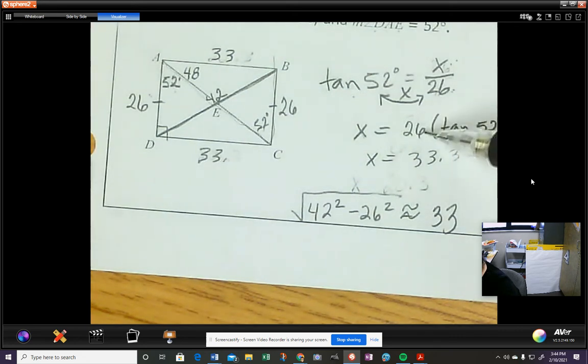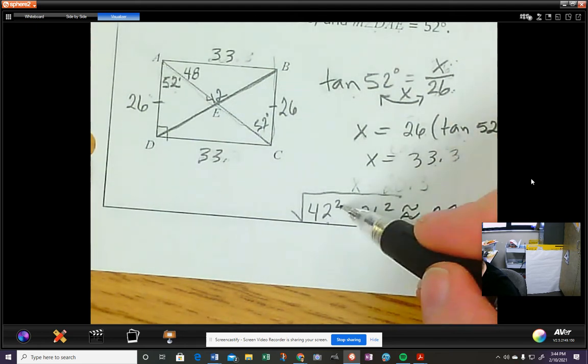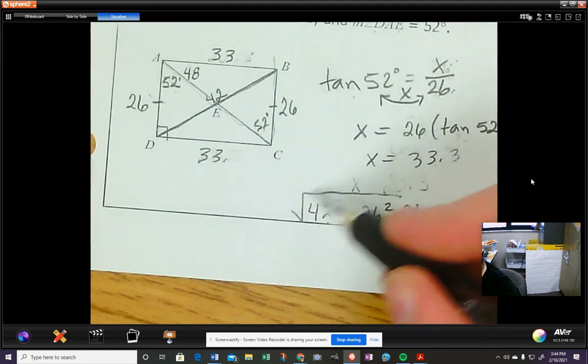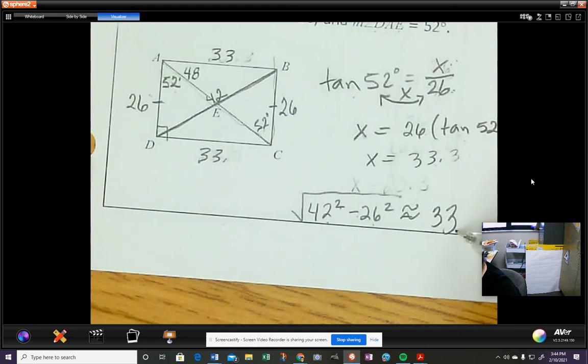And so you get 26 times tangent of 52, which gives you about 33. And you can check it by doing 42 squared minus 26 squared. Take the square root of it, and you get about 33. So it checks out, okay? So now we have that.